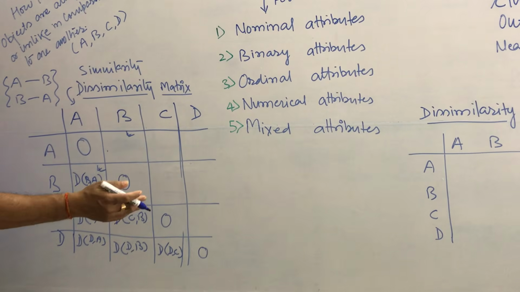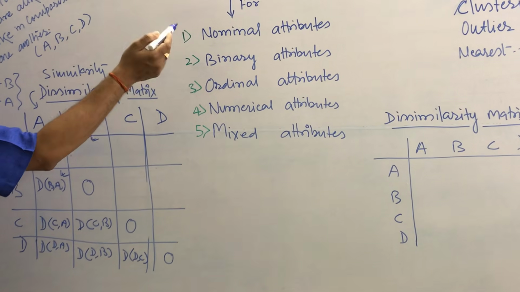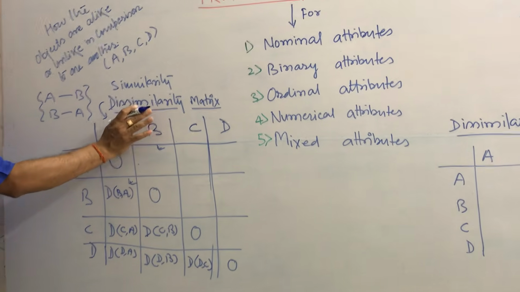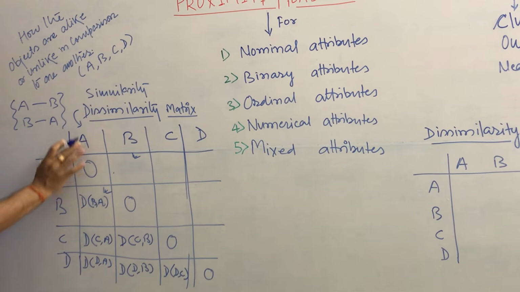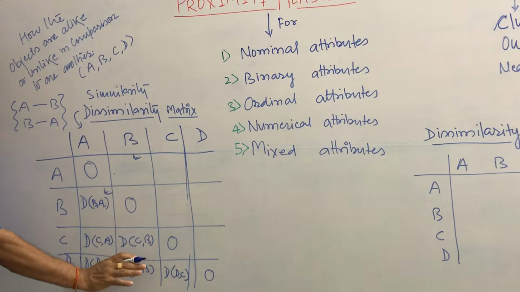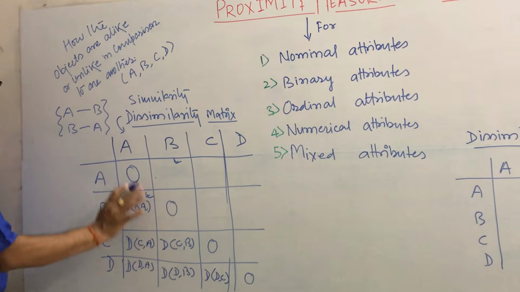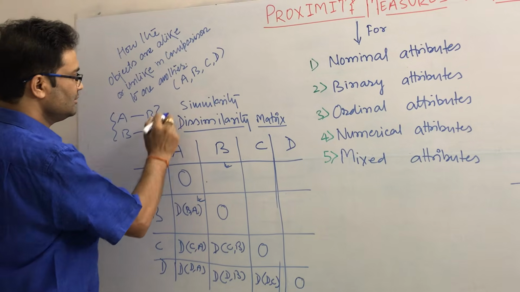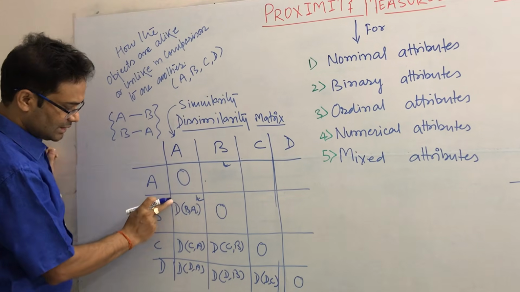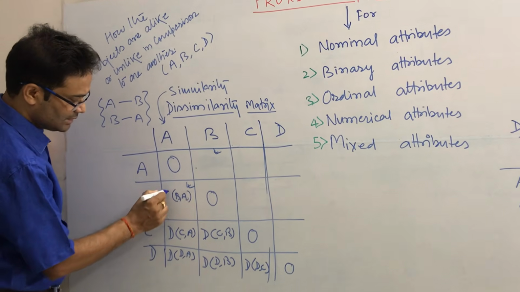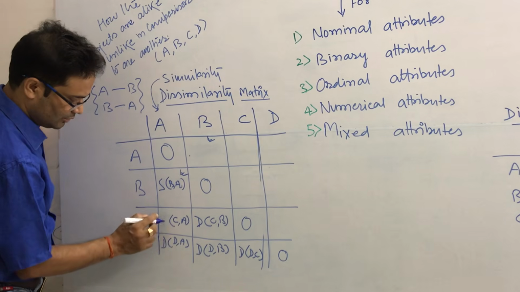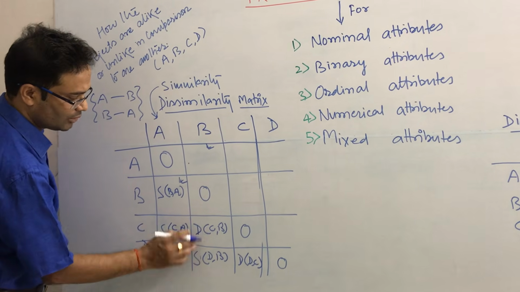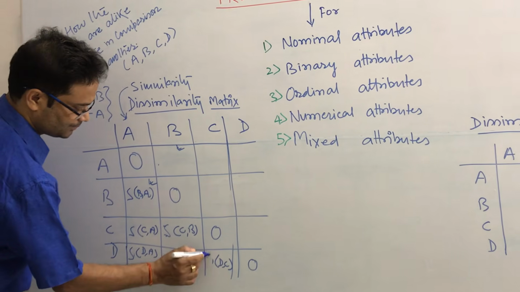Down the line, when I explain the proximity for each attribute, I will use this dissimilarity matrix, and I will use only the lower diagonal values like this. This is called the dissimilarity. If this were the similarity, then this data would be the similarity value. It depends on what you are going to calculate.